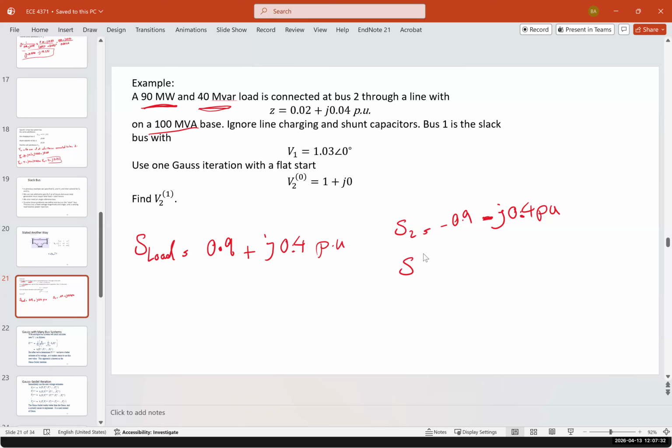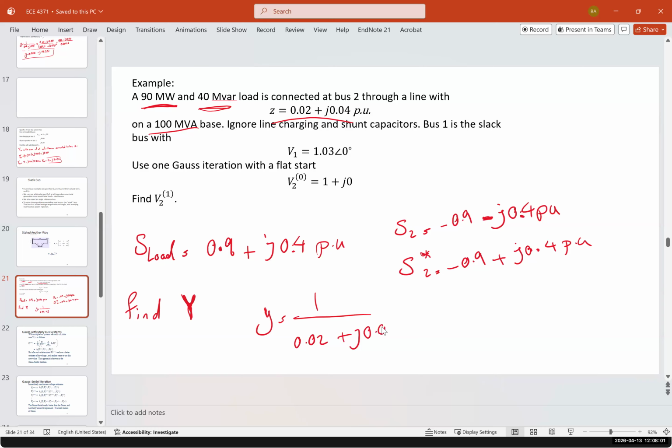And therefore, S2 conjugate would be equal to negative 0.9 plus j0.4 per unit. Now we want to find the admittance Y, which would be equal to 1 over the impedance, which is 0.02 plus j0.04.